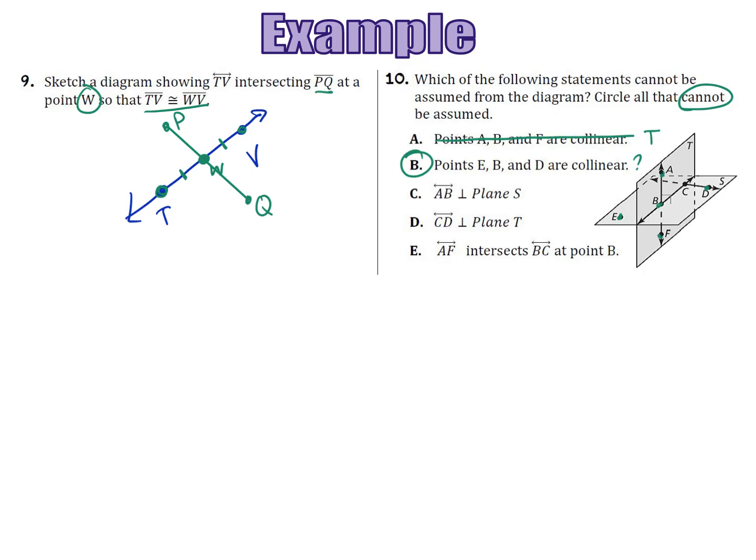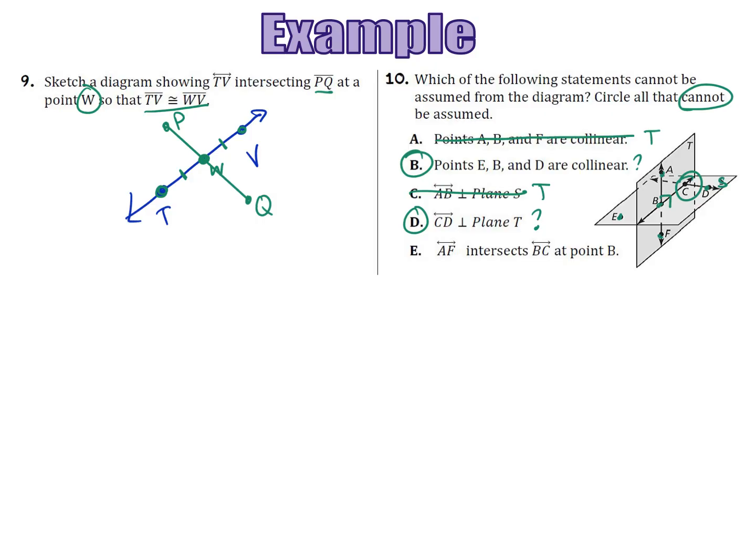For C, it says AB, the line, is perpendicular to plane S. Well, I do see a perpendicular symbol here, and this is plane S, so that is true, which means I'm not going to circle it. D says CD is perpendicular to plane T, so I can see that they're intersecting, but since I'm not sure how, this cannot be determined.